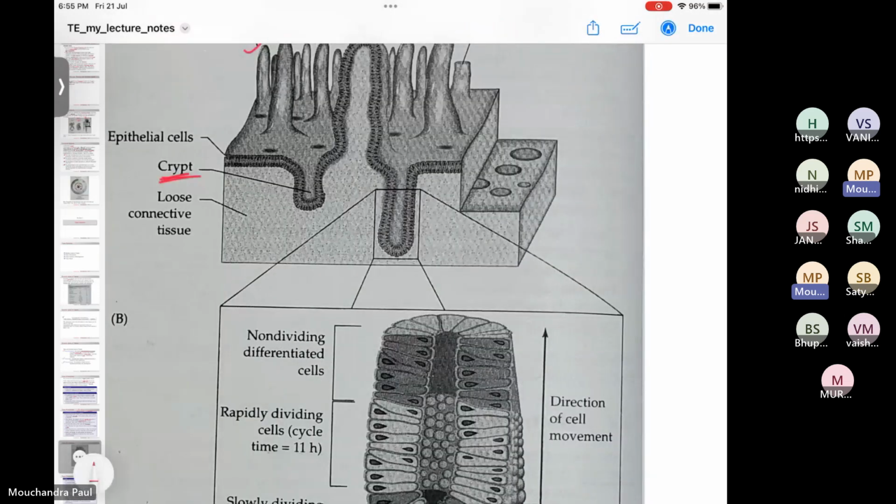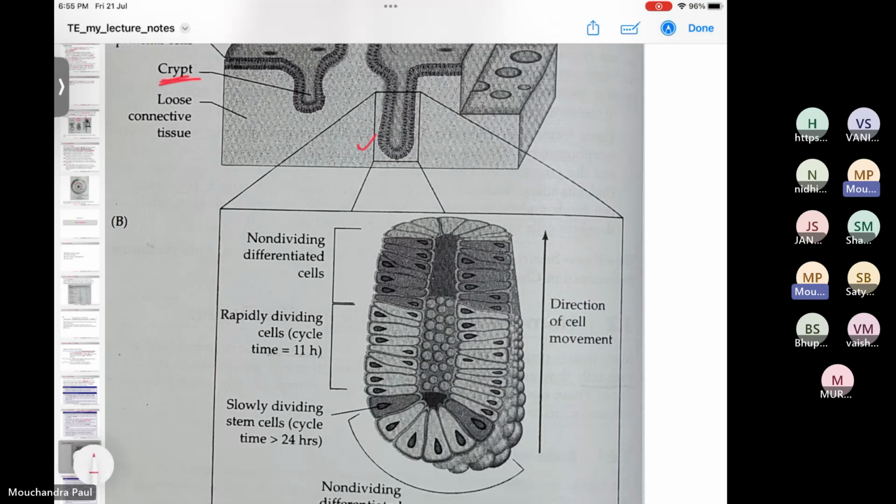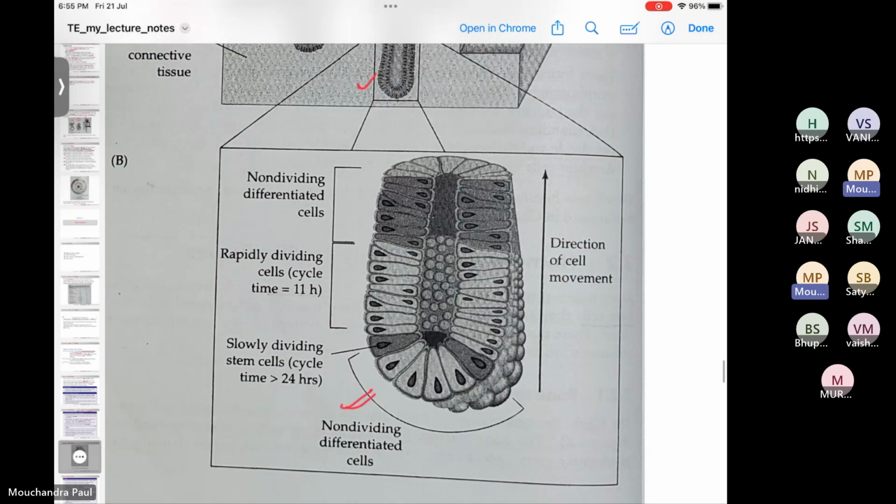This is one crypt, and they have zoomed in on what is happening at this crypt. At the bottom is the stem cell reservoir. They are non-dividing; they actually have a very slow metabolism. Now say one of the stem cells gets activated and divides and gives rise to daughter cells.